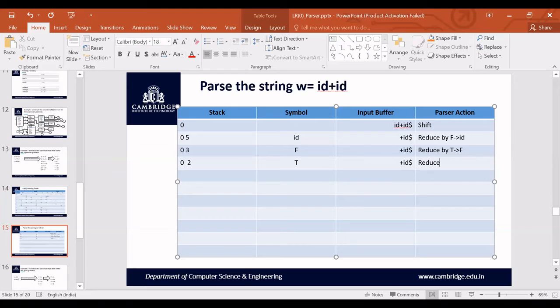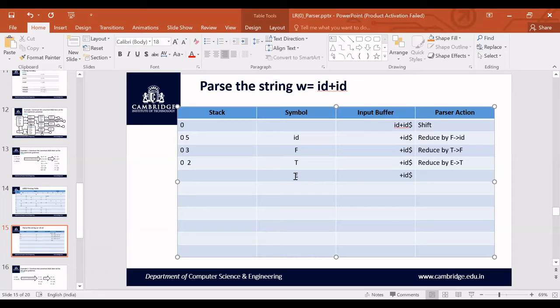Reduce by E derives T. T is reduced to E. Your input buffer is still having plus ID and ends with the dollar symbol because you have not performed any shift operation. It is only a reduce operation.